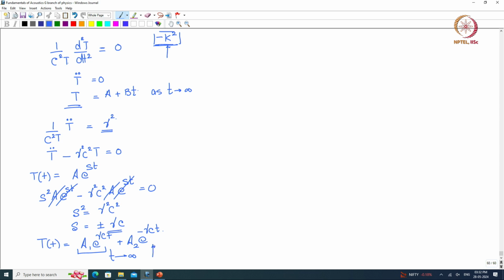So that means gamma square being a positive real number is not allowed, or this right side cannot be a positive real number. So we will take minus k square, implying it's a negative real number on the right side.